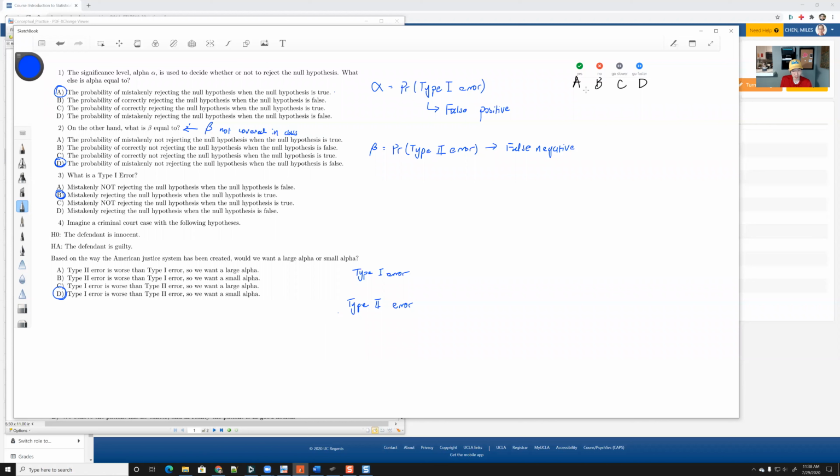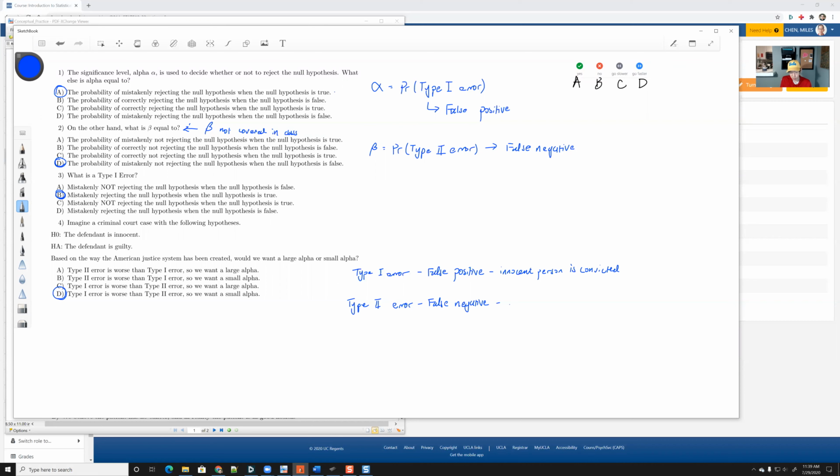so we want a small alpha. The type 1 error is the false positive. This is an innocent person who is convicted. So someone is convicted for a crime they did not commit. We don't want that. The type 2 is the false negative.